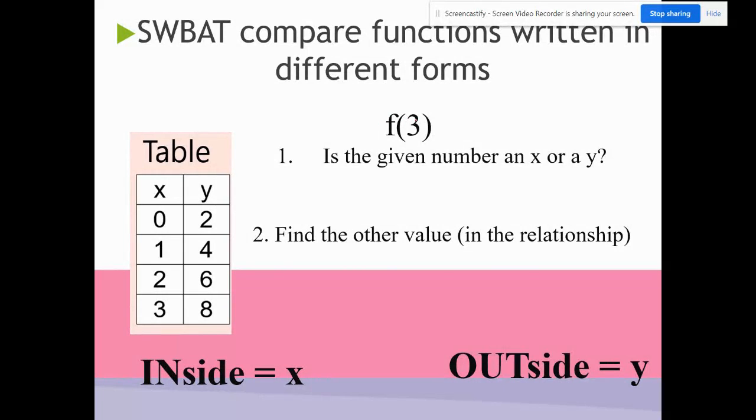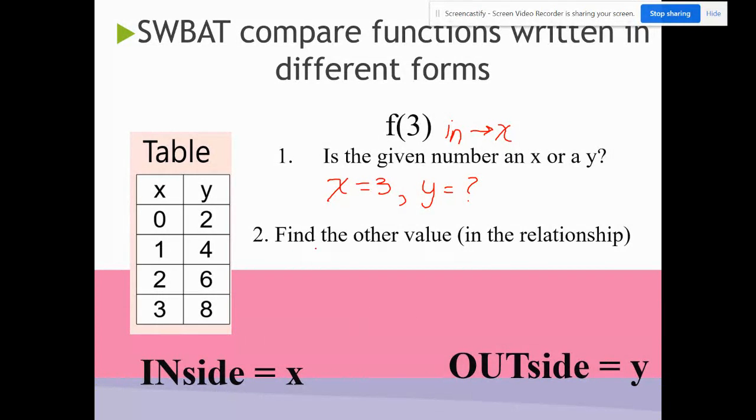That's how you say f parentheses 3, f of 3. And I'm going to ask myself, is this 3 on the inside or outside of the parentheses? And I see that this 3 is on the inside. And the inside is always the x value. So I'm telling you that the x is 3. All right. My goal is to figure out what the y is. That's the question.